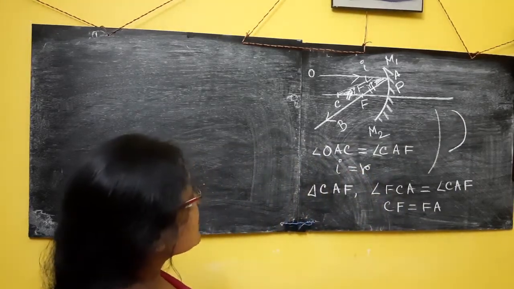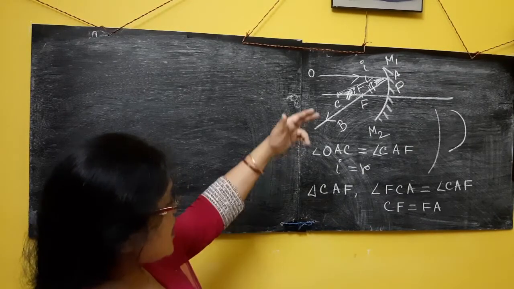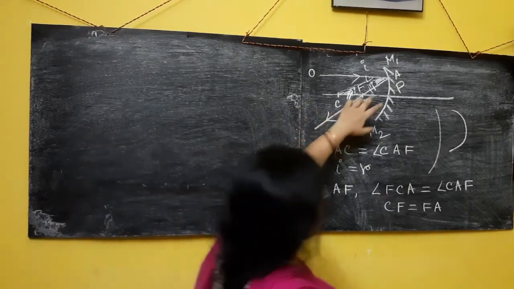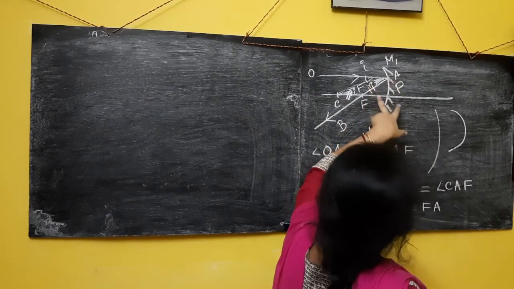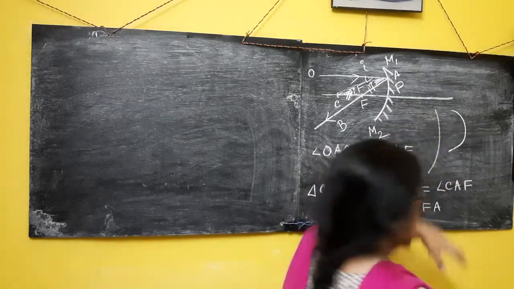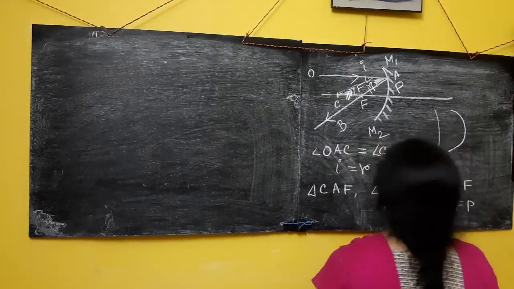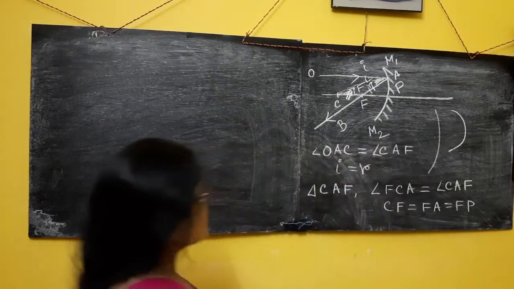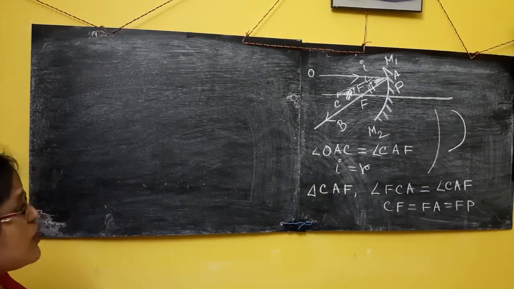Means the points A and P are nearly close to each other, so FA or FP, both are the same. So CF equal to FP. Clear? I think no confusion up to that.